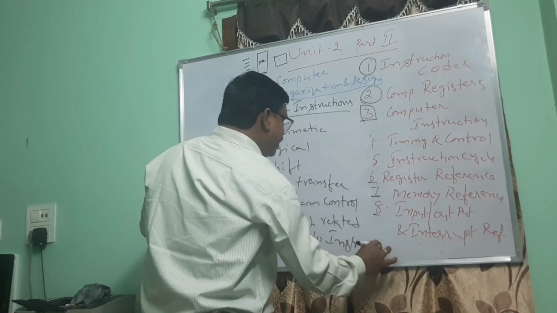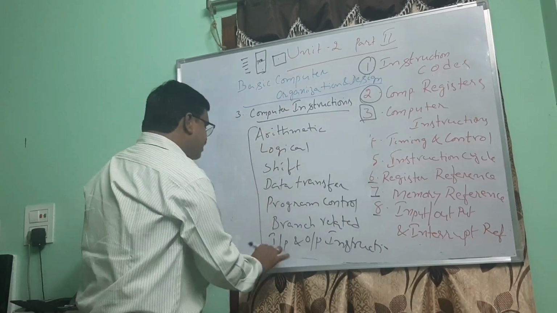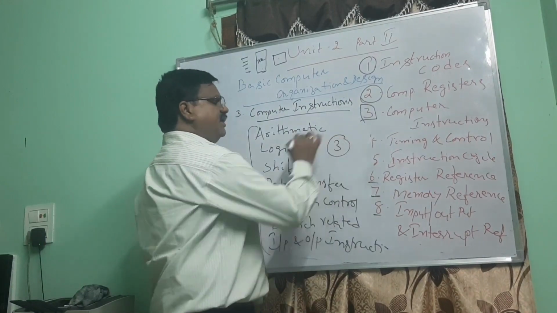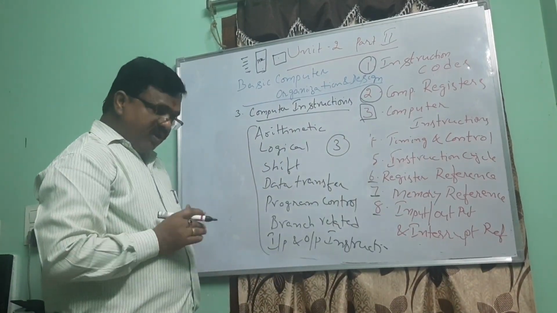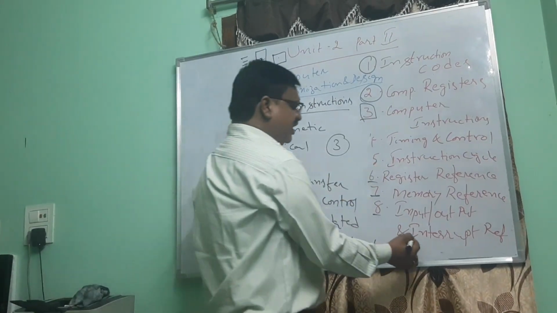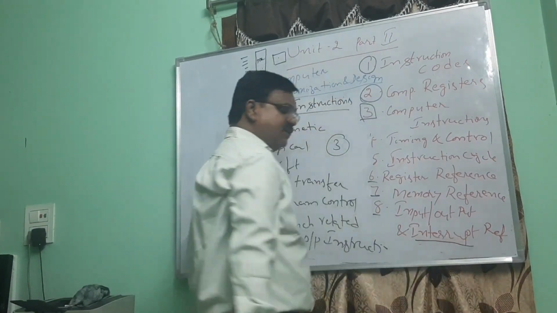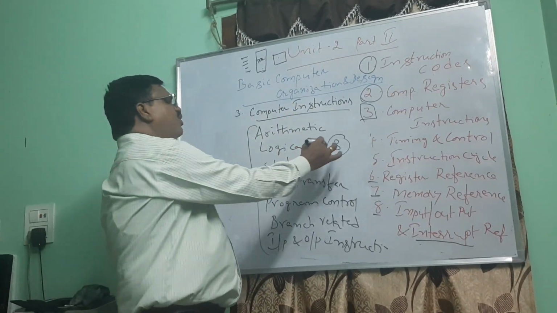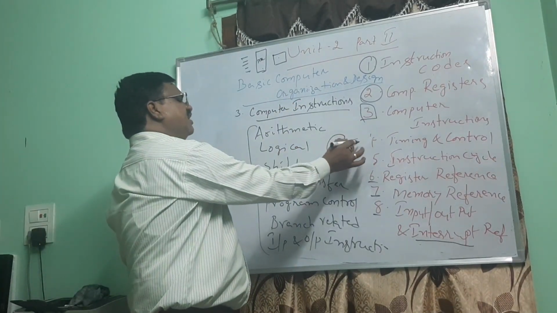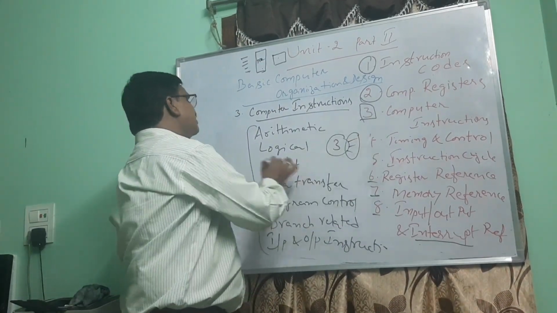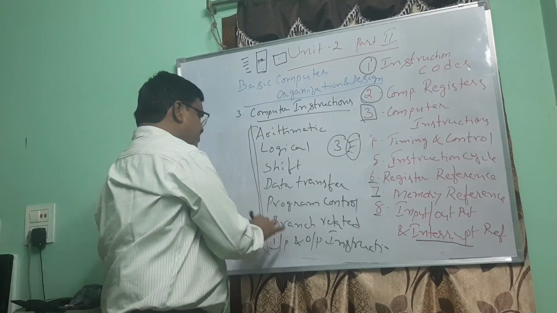Input, output, and whatever I told you previously, the 3 broad categories: memory reference, register reference, input and output reference. And in the input output reference I have written one more word, interrupt, also. So even though there are only 3 categories, all these categories of instructions should perform all of these.